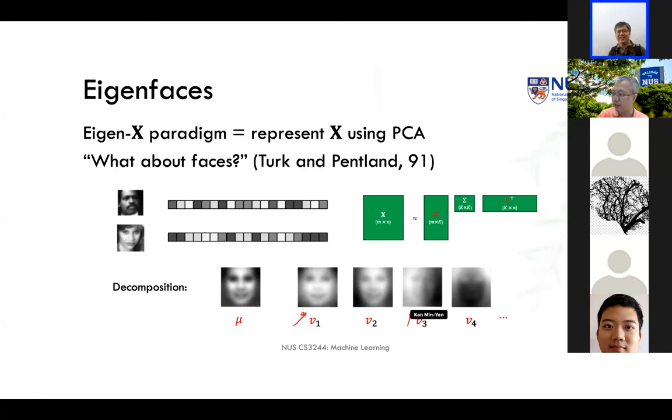This one is adding light towards the left side. This one is somehow darkening the face. So all of these different components are being added as an orthogonal basis of choosing the best way to represent faces.